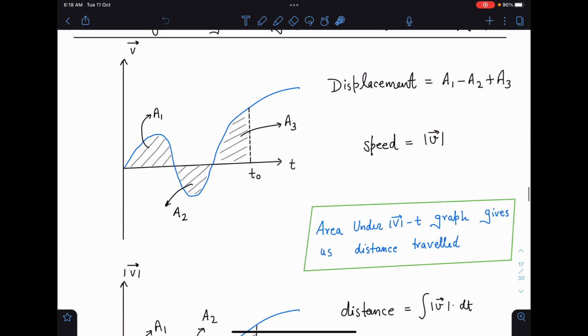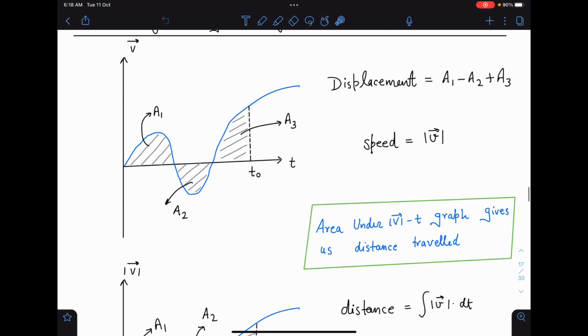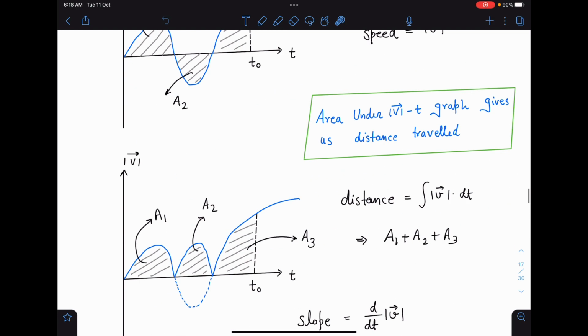Now the same thing I have written here: area under the mod v-t graph gives us distance traveled. Now in the mod v graph, wherever velocity is negative, we are going to convert it into a positive graph. This will tell us the same, because we need the same slope, and because acceleration or deceleration may differ, in straight line motion dv by dt and mod dv by dt will differ by direction only, the magnitude will be the same.